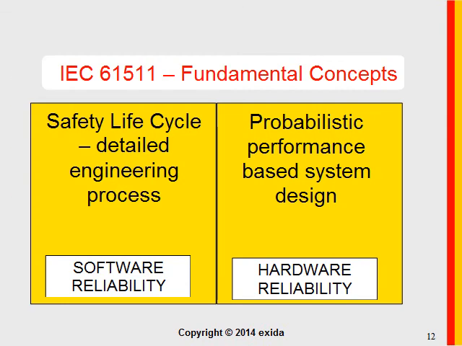The functional safety standards, IEC 61508 and IEC 61511, have two fundamental concepts. They have a safety life cycle approach, a detailed engineering process, and the probabilistic performance based on system design. So we're dealing with a rigorous development process, one could argue with the objective to eliminate systematic issues, typically software problems.